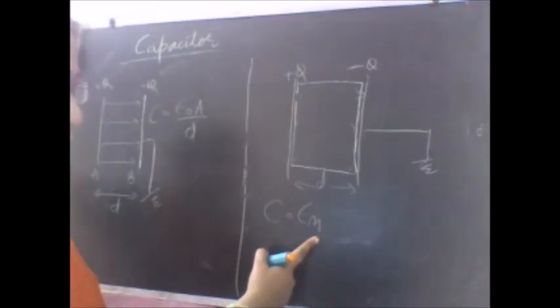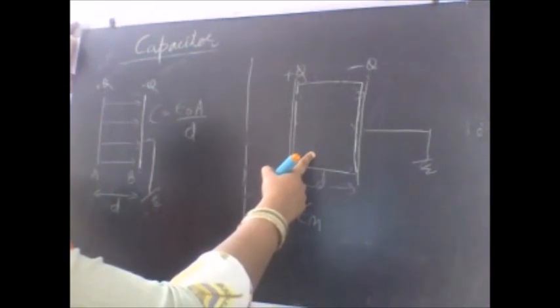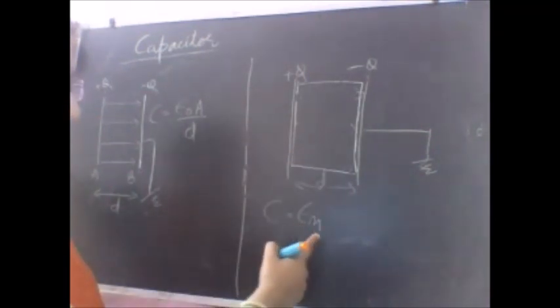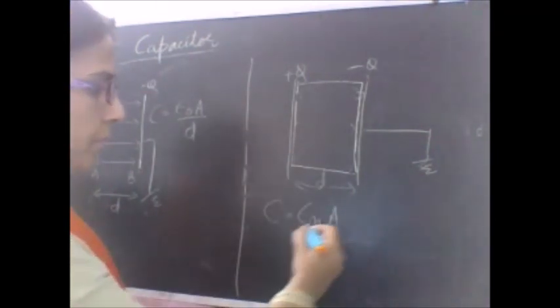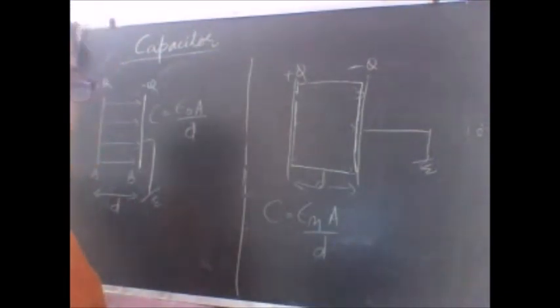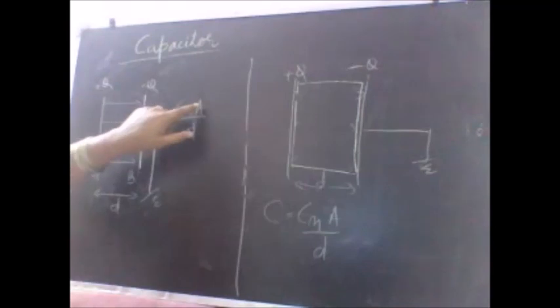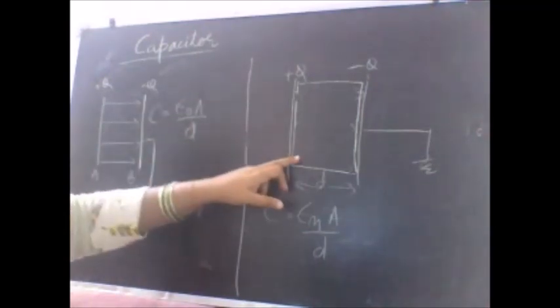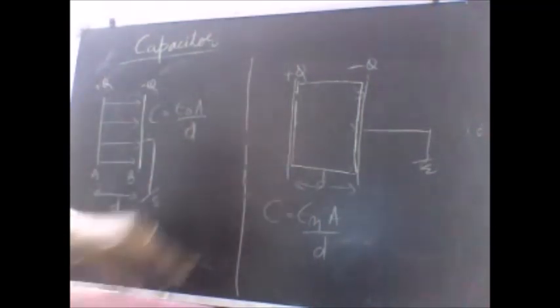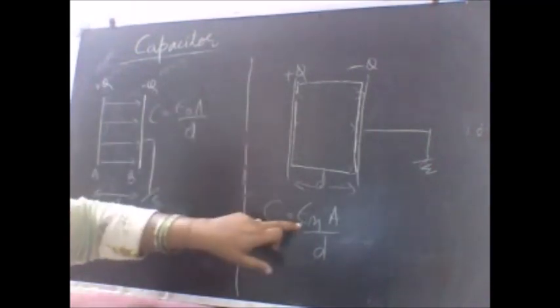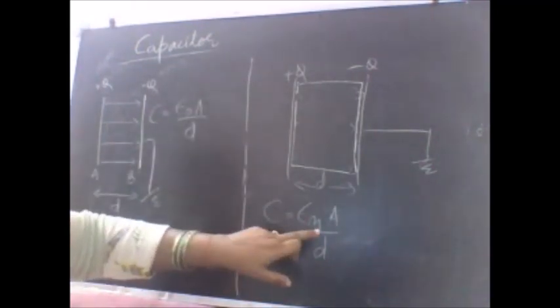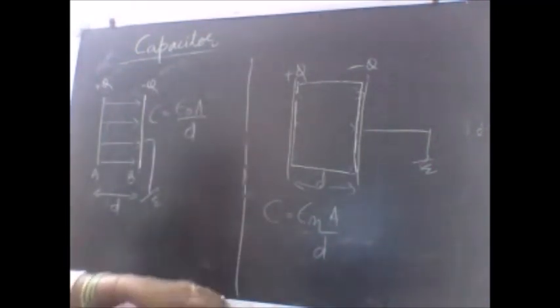Which medium are we talking of? The dielectric medium, the insulating medium. So it is epsilon m, and this is A by D. This way the formula changes. When it was air, the formula we obtained was epsilon naught A by D. In the same way, in case the dielectric medium is there, I can rewrite this formula as epsilon m A by D, where epsilon m is the permittivity of the medium.